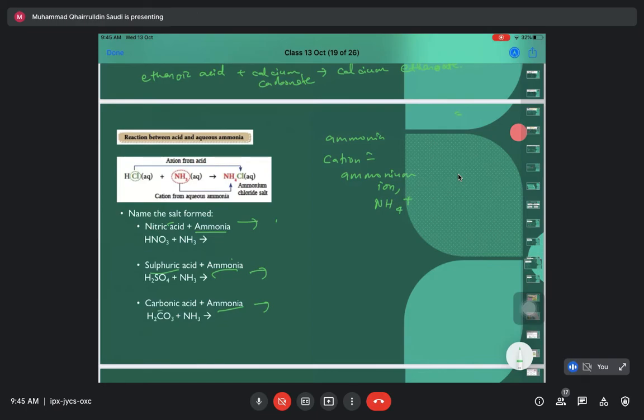Okay, as usual, you have to know how to write down the ammonium nitrate chemical formula. NH4+, NO3-, 1, 1, so terus NH4NO3. Macam itulah dan seterusnya.